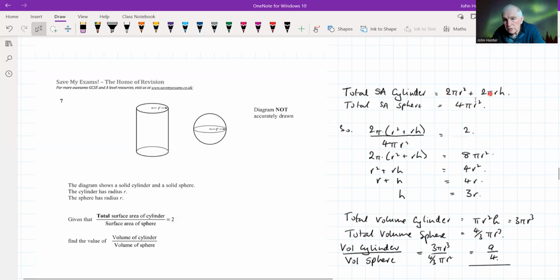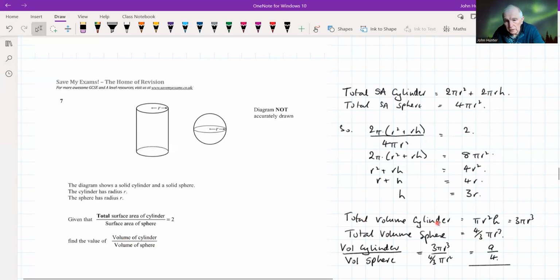So this over this, it's telling us this equation is equal to 2. If we put the ratio of those together, we're just going to work that through. We can solve that for h. You can pause the video and look at the steps if you like, but that's going to give us h equals 3r.